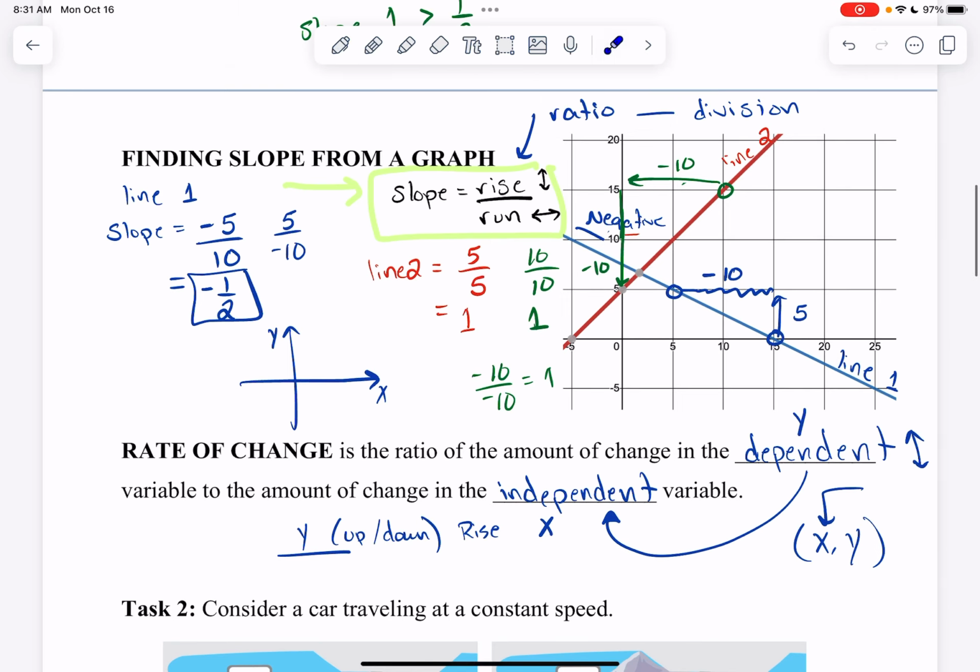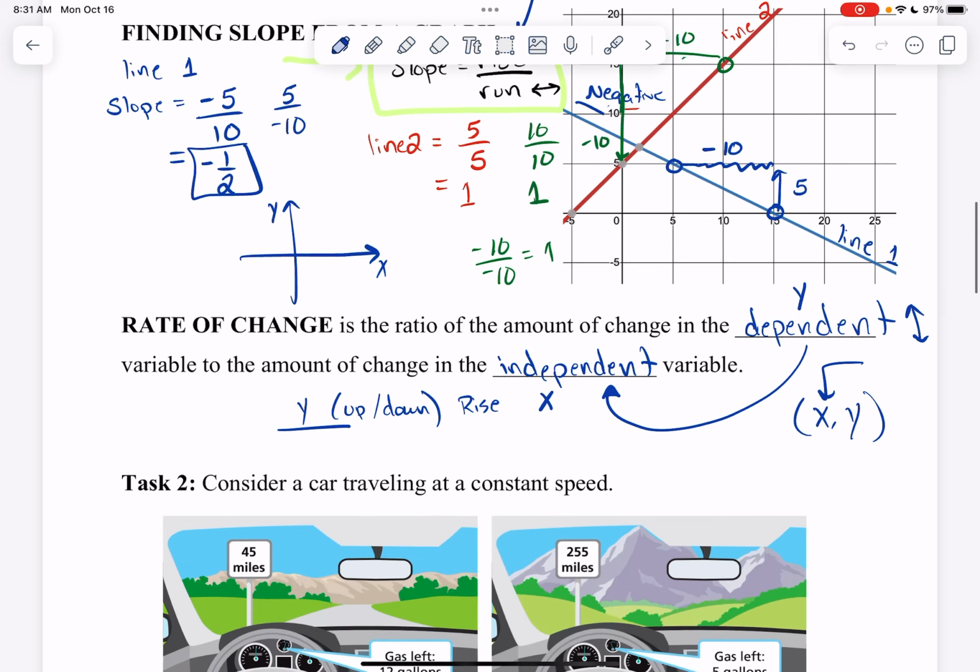Our rise was how far up, how far down. Over the ratio of the dependent to the independent, which is our x, the left and right. Well, isn't that just our run? So do you see how the rate of change is really just slope?